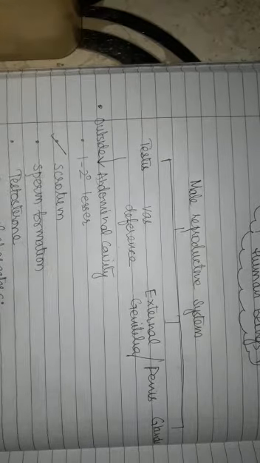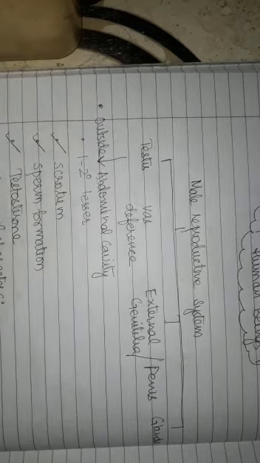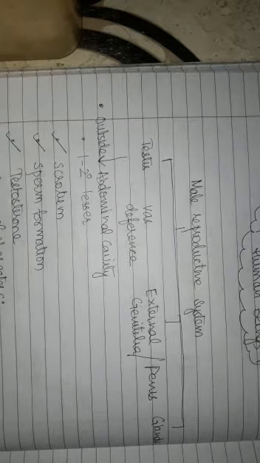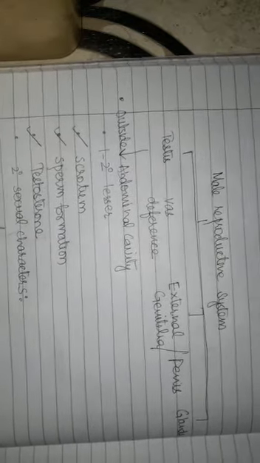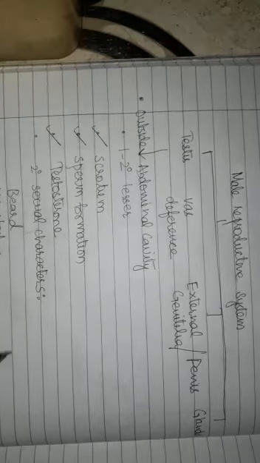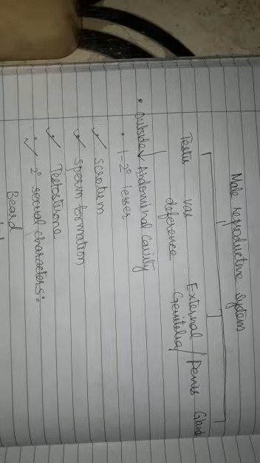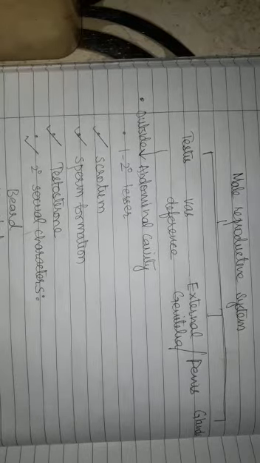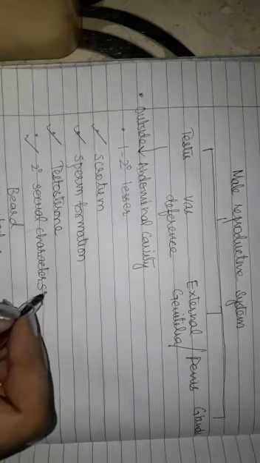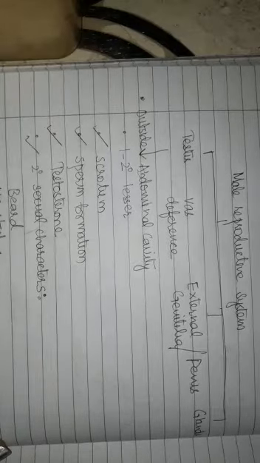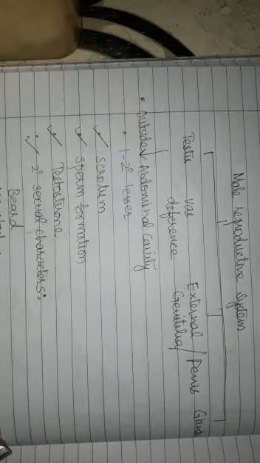What is the function of testis? The first function is sperm formation, and the second is release of the male sex hormone, that is testosterone. Testosterone helps in production of sperms and development of secondary sexual characters. Secondary sexual characters are the characters which help us to distinguish a male from a female.